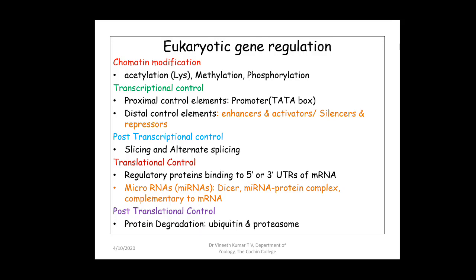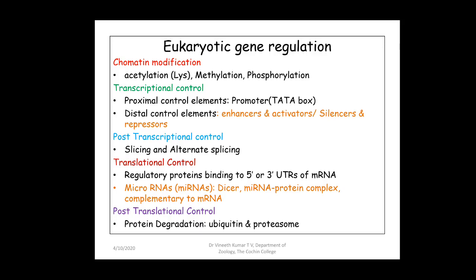You will have activators, and you can repress it with repressors, etc. That is transcriptional control. The next is that after the production of the mRNA you can also regulate it, which is called post-transcriptional control. You can degrade the mRNA, or you can produce more mRNAs if you need, depending upon the situation.